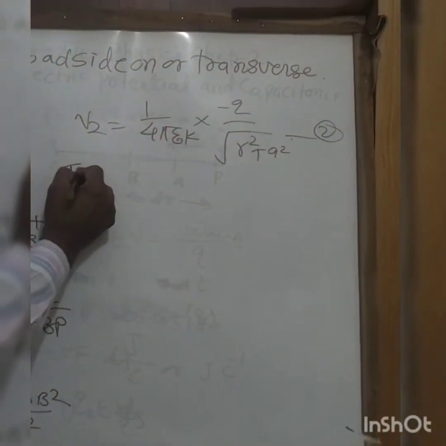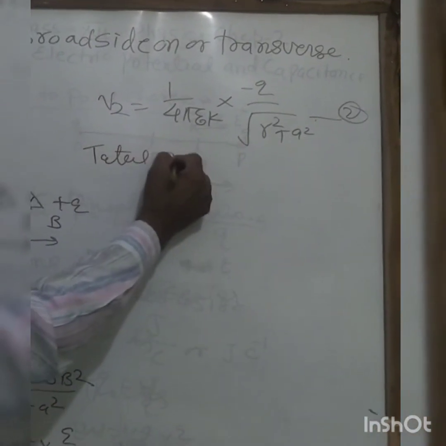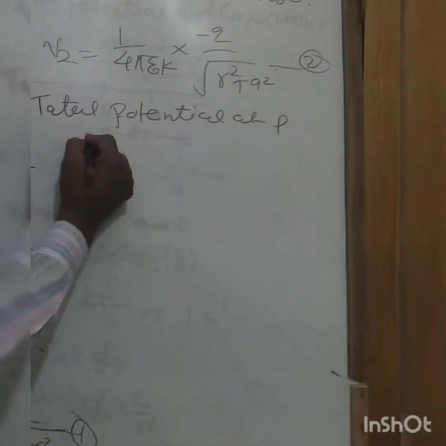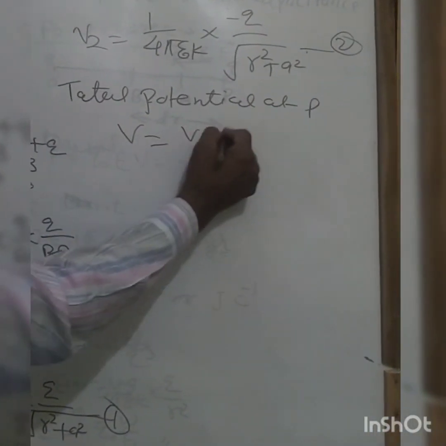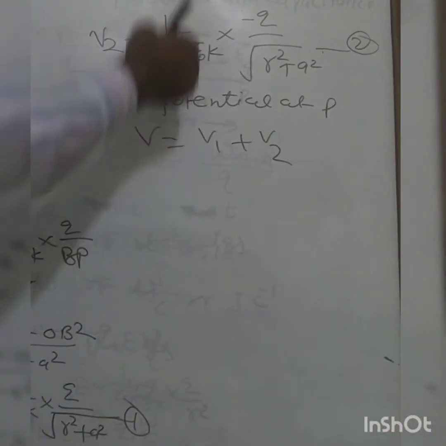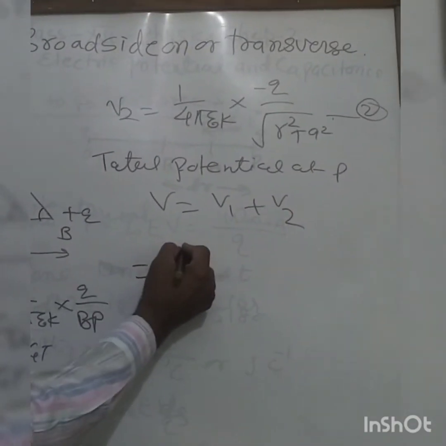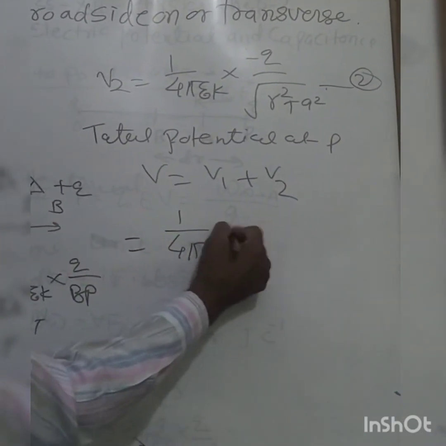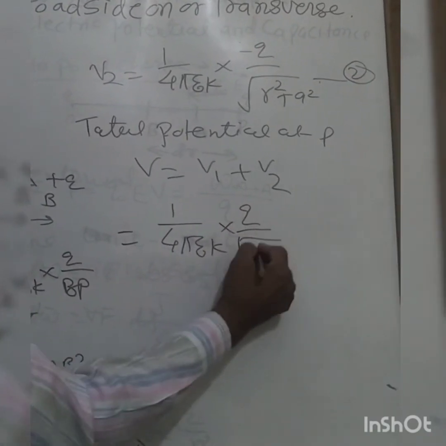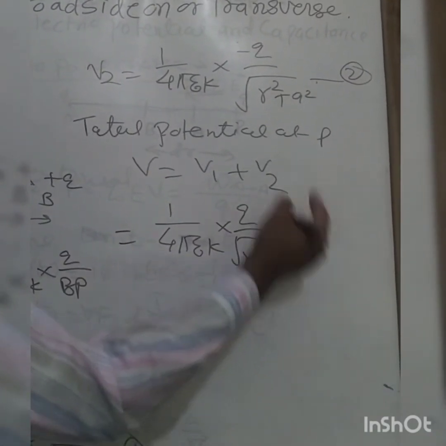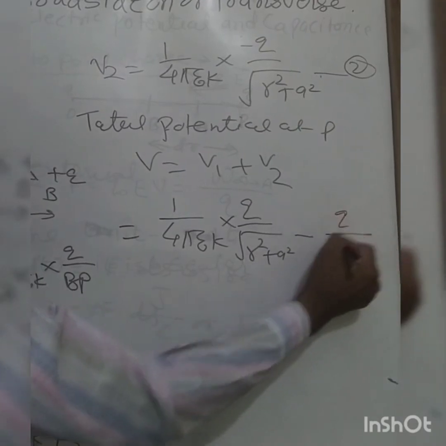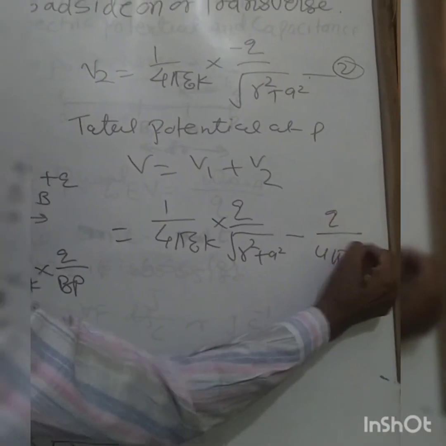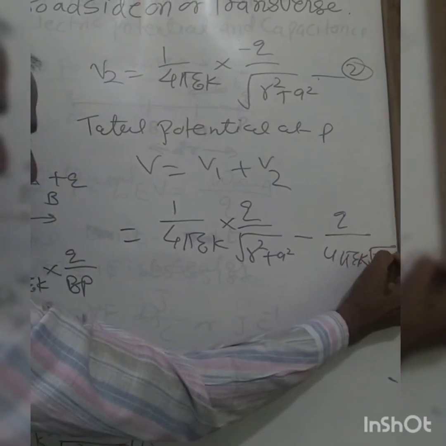Now the total potential at P is V equal to V1 plus V2. From equations 1 and 2 I put the values: 1 upon 4 pi epsilon naught, K into q upon under root R square plus A square, plus minus q upon 4 pi epsilon naught, K into under root R square plus A square.